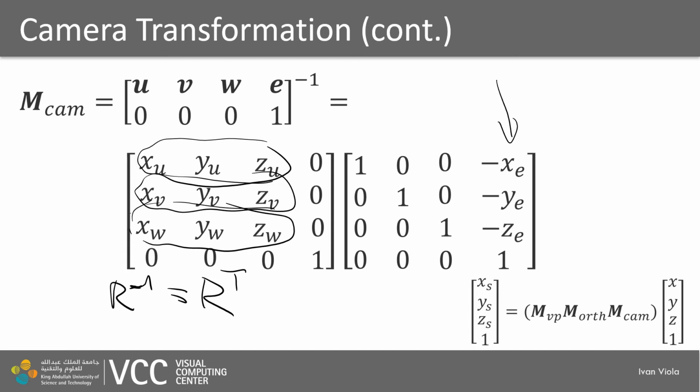So without the inverse, this would be the matrix which brings us from the UVW coordinate system into the canonical coordinate system, and the inverse of it goes the other direction.